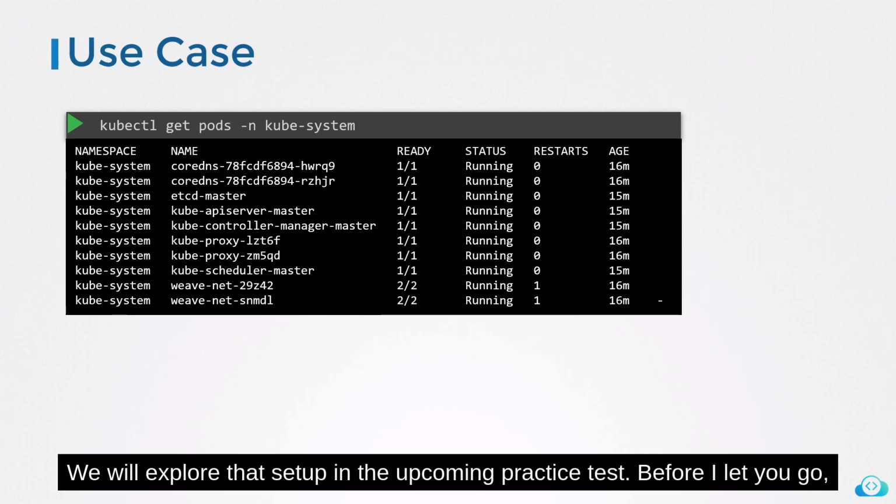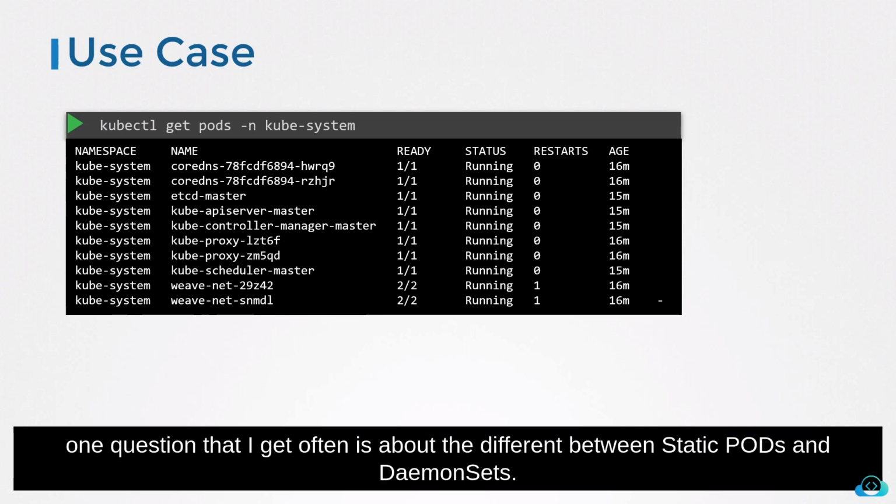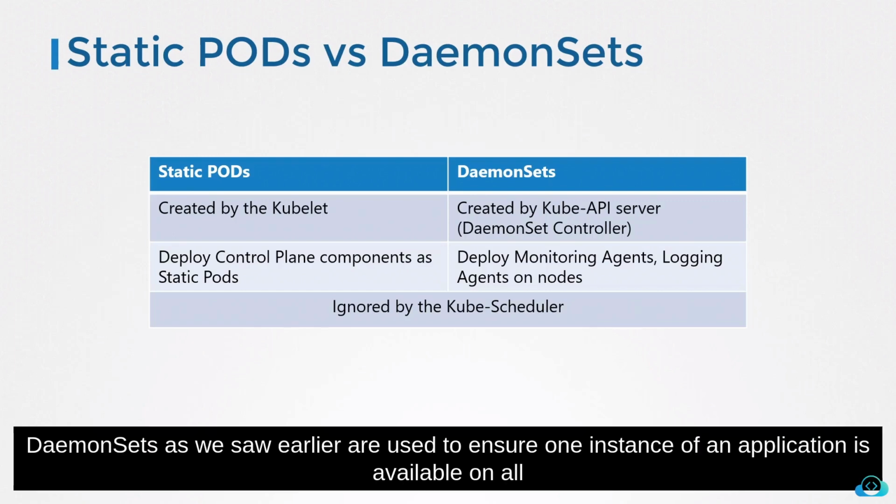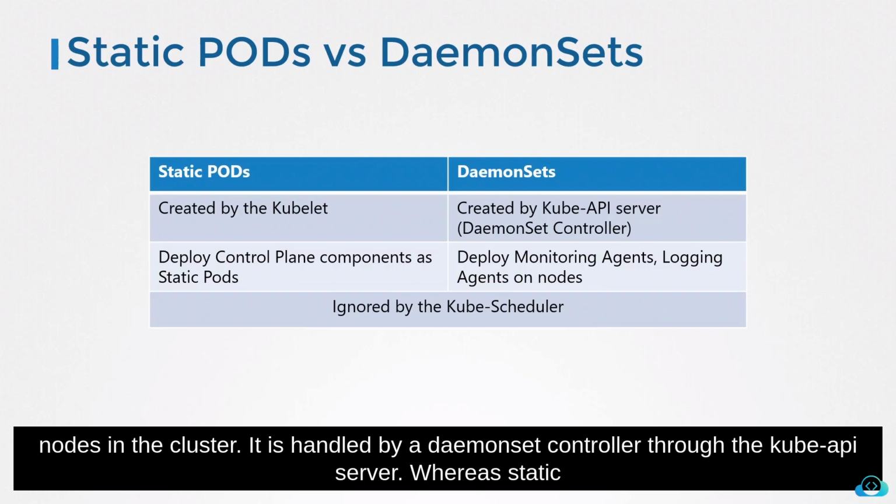Before I let you go, one question that I get often is about the difference between static pods and daemon sets. Daemon sets, as we saw earlier, are used to ensure one instance of an application is available on all nodes in the cluster.